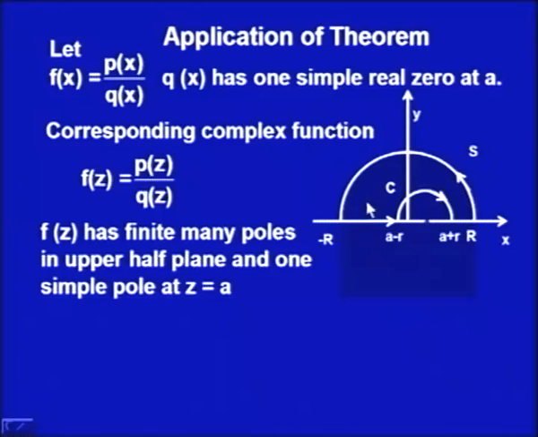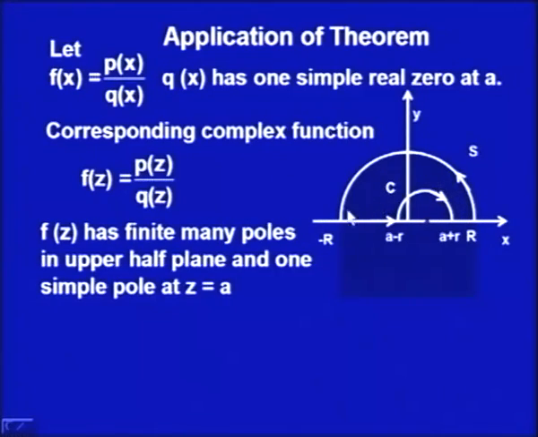Now the residue theorem can be applied. We know that if my function f is of the rational form p(z) upon q(z), and q(z) in this region does not have any real zeros, then we have only finitely many poles in the region.